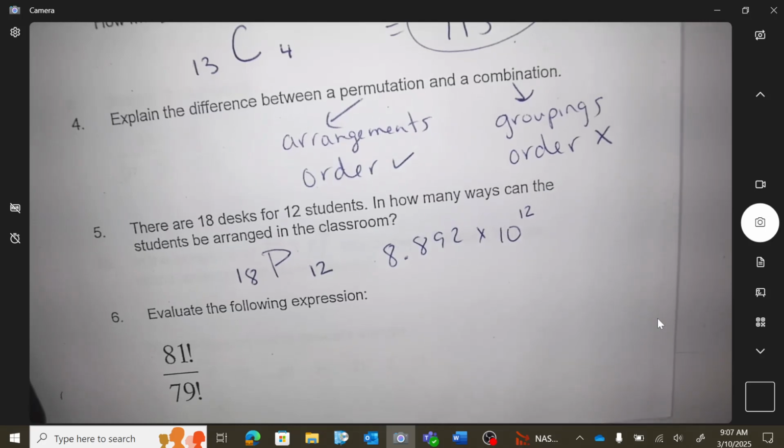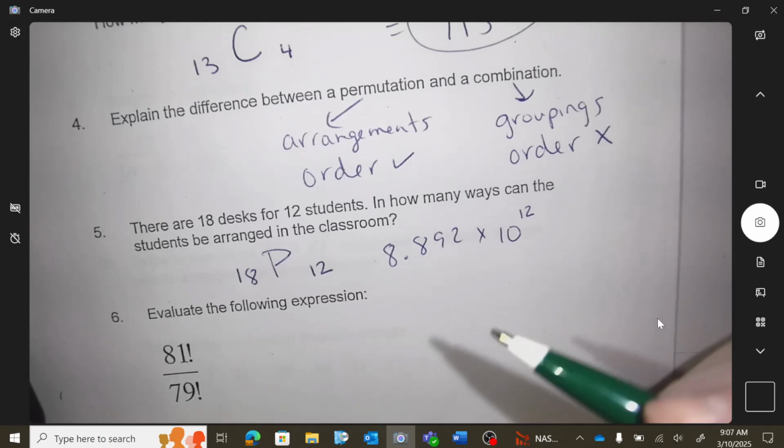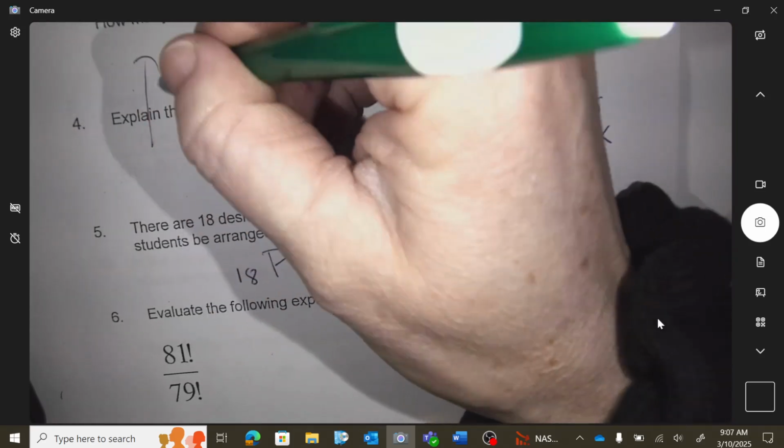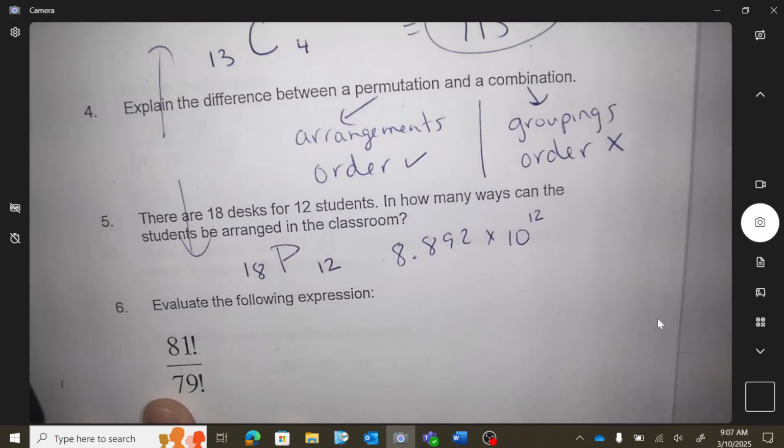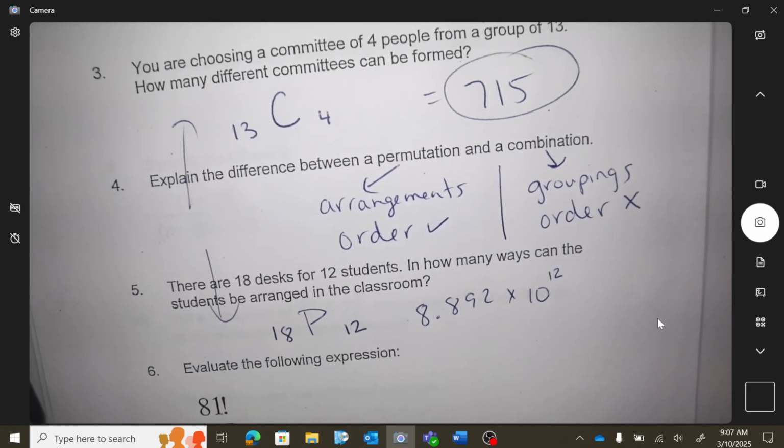And order would not matter then. Okay? So it's all about arrangements, order matters. Okay, so again, question 3 and question 5, there are 2 of those on your test. You're just thinking about yes or no, does my order matter?